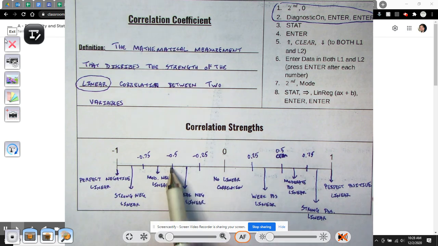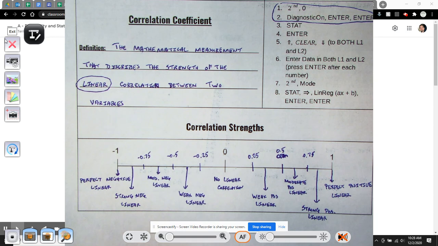If it's between -0.5 and -0.75, it's a moderate negative linear correlation. If it's between -0.25 and -0.5, it's a weak negative linear correlation.